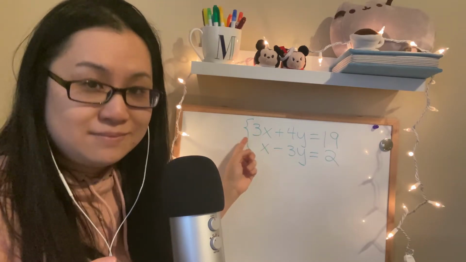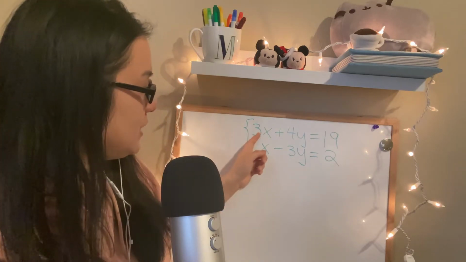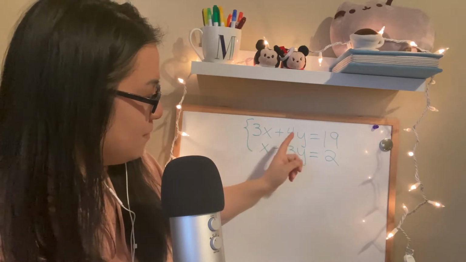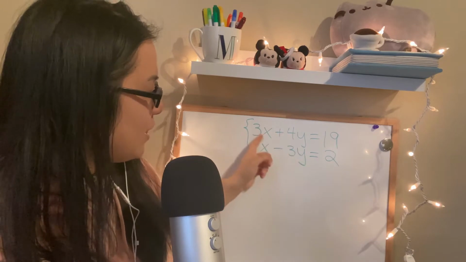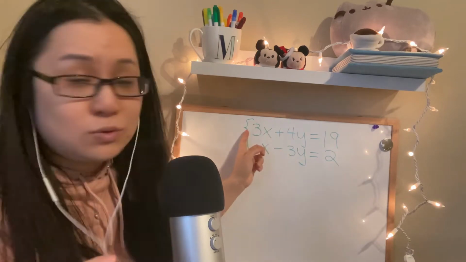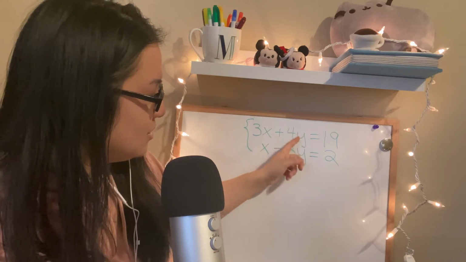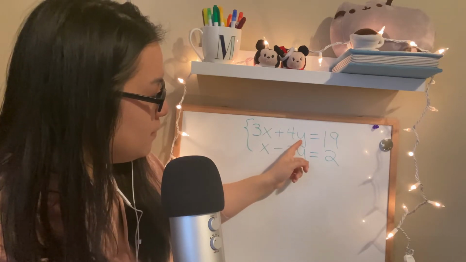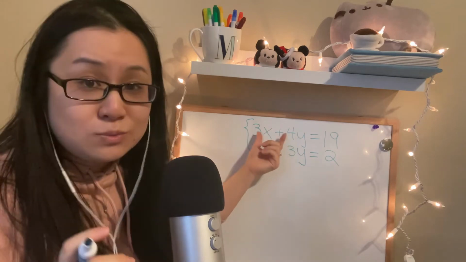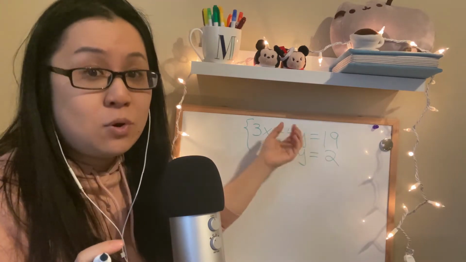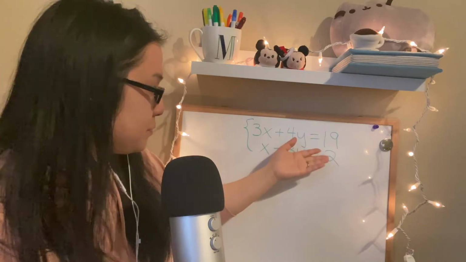Very good job. So 3 times x plus 4 times y. So whatever value x has, I'm going to multiply it by 3. And whatever value y has, I'm going to multiply it by 4. And then I add those products together and I should get 19.